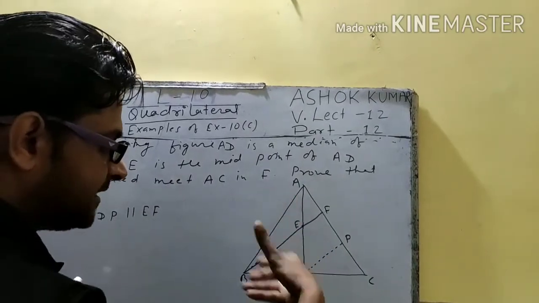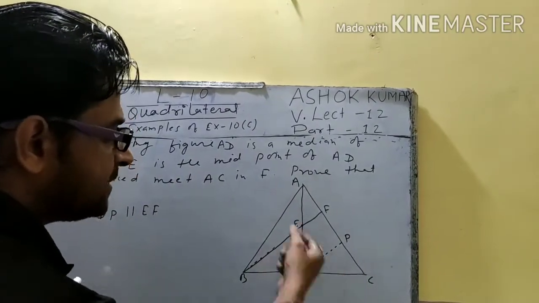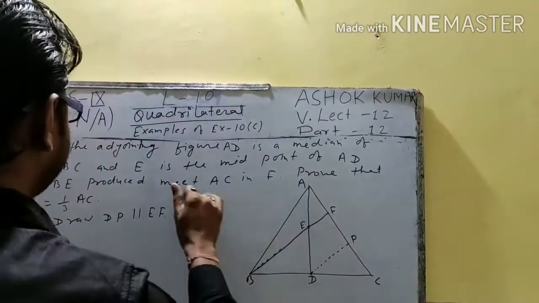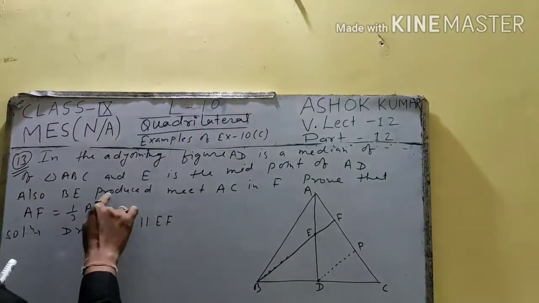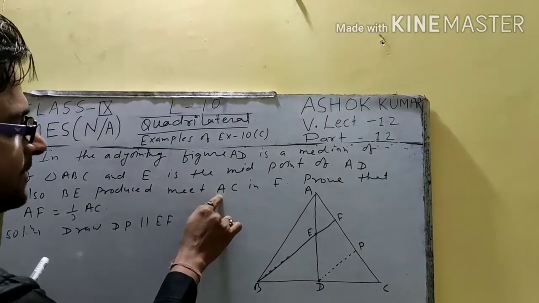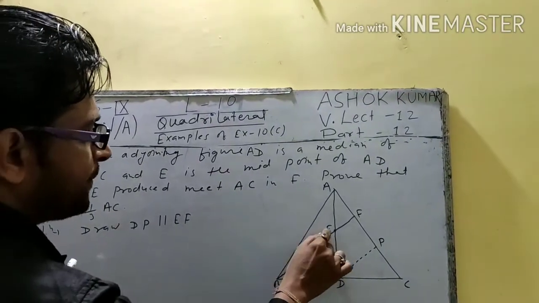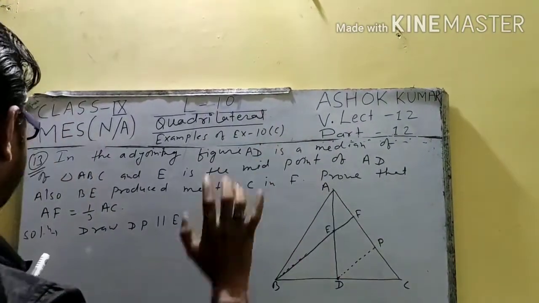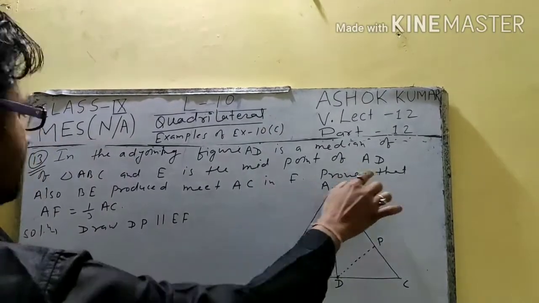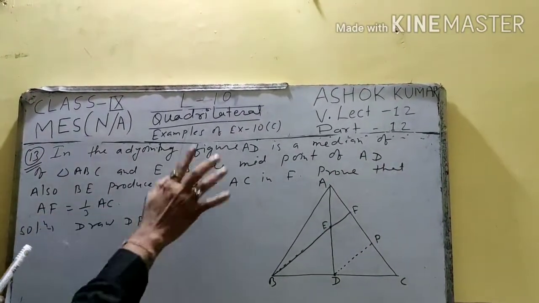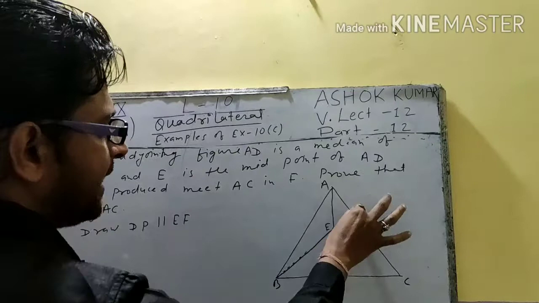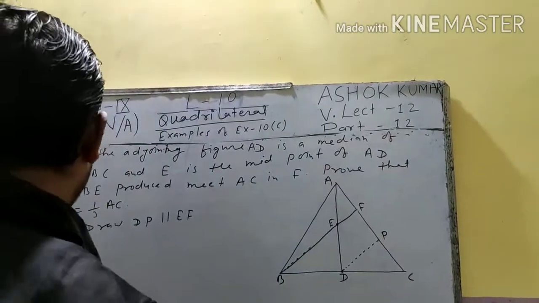Also BE produced meets AC at F. Prove that AF is equal to 1 by 3 AC.